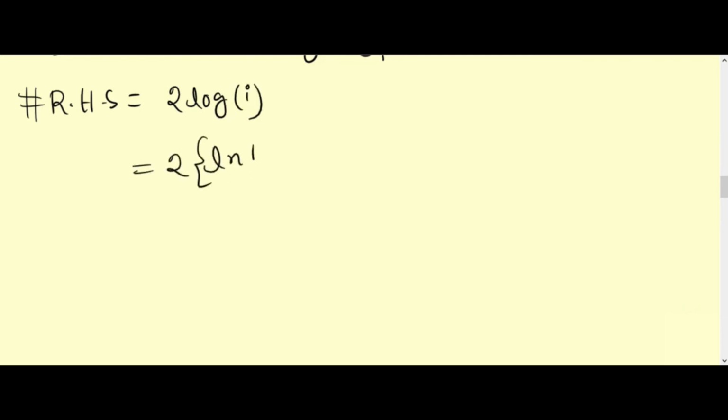Now let's inspect the right hand side. So the right hand side is just 2 log i, right? So 2 log i. And again, proceeding as before, it's ln 1 + i(theta principal + 2πn).